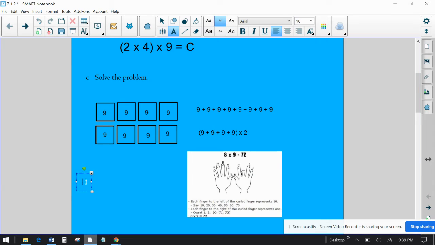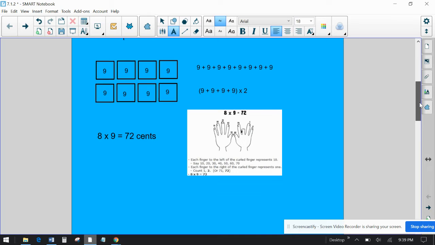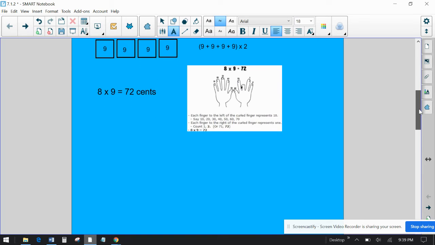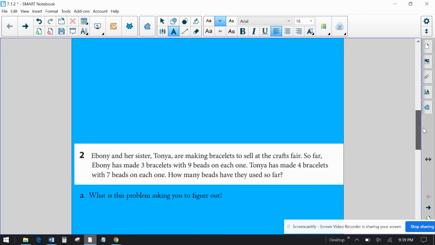So 8 times 9 equals 72, and then our units are cents. So that's how much our buddy Jack paid for the stickers. So now that brings us to problem number 2.